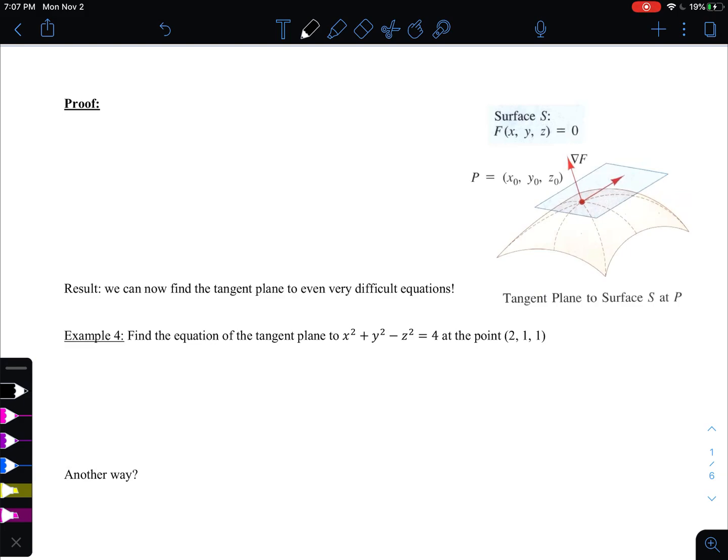So what's important is we are going to take a curve, and we're going to make it a vector curve, r of t, that is contained in the level surface.